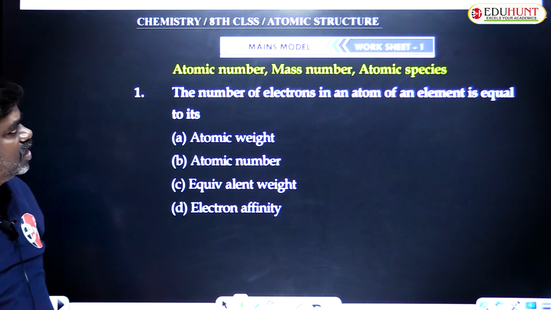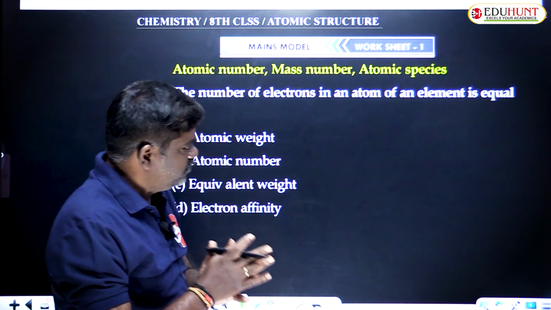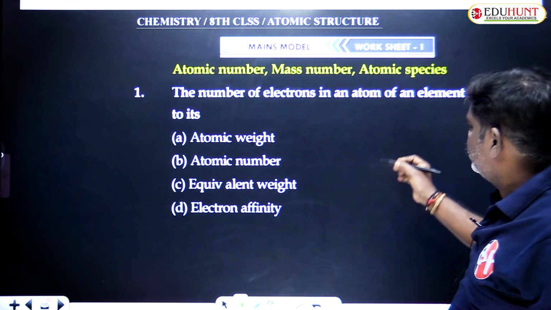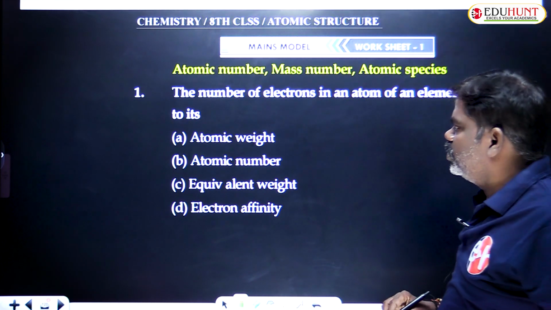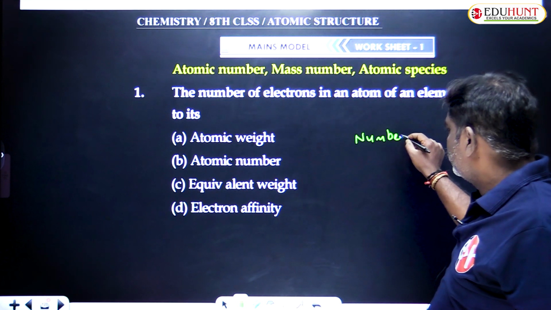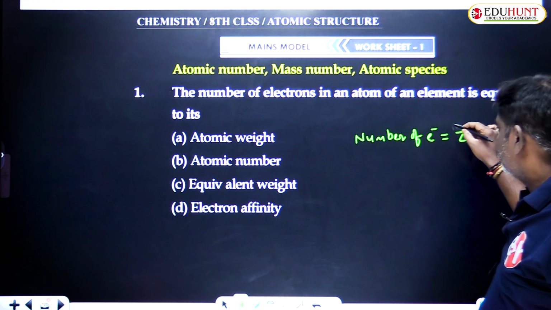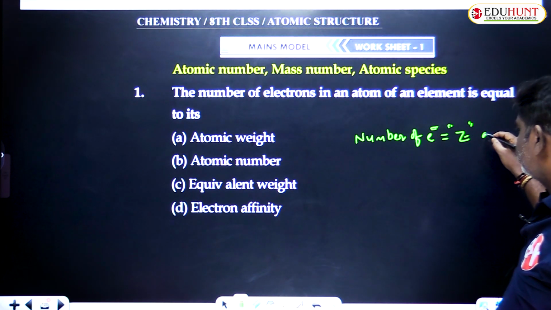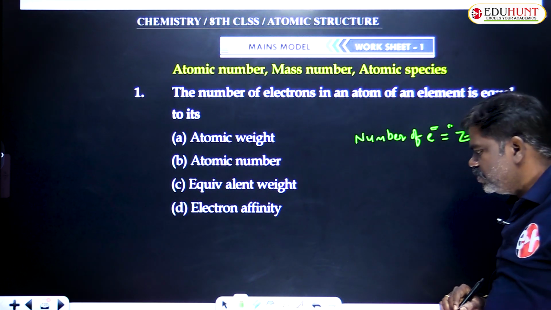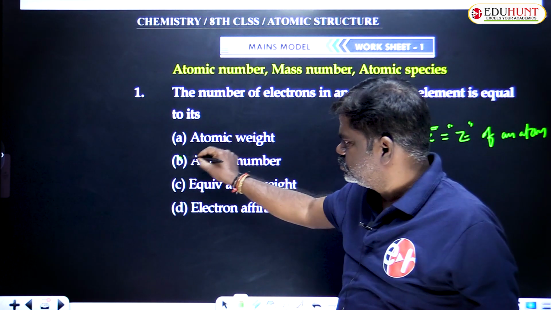The number of electrons in an atom of an element is equal to its... Generally we know the number of electrons in an atom of an element is equal to its atomic number. For example, if you take any atom, the number of electrons is equal to the atomic number.